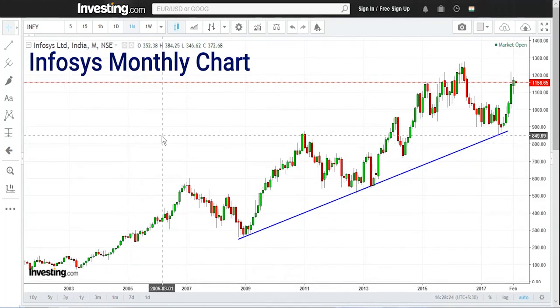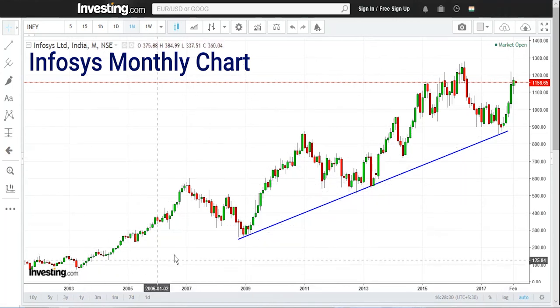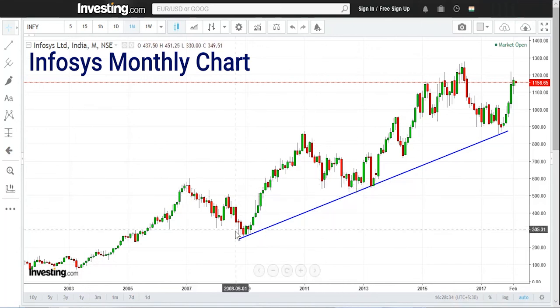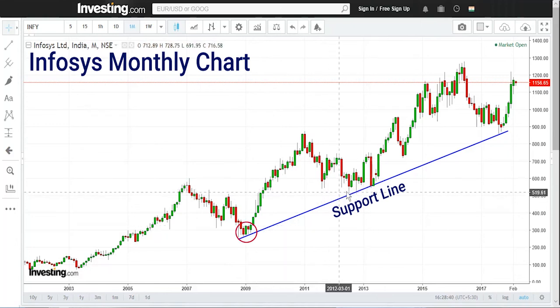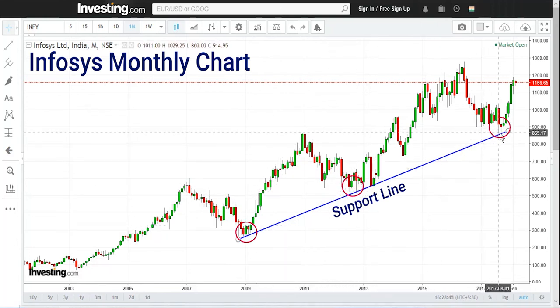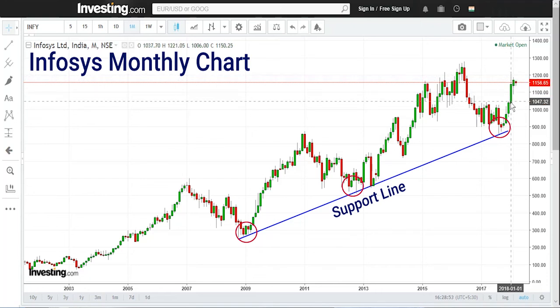Now we are looking at the Infosys monthly chart, and this chart shows the multi-year movement of Infosys, and here you can see that a trend line was formed during the first pullback around 2008 and the next pullback around 2013. And see, now in 2017, when this trend line was validated, how the price moved from 890 odd levels to almost 1200 levels within a few months.